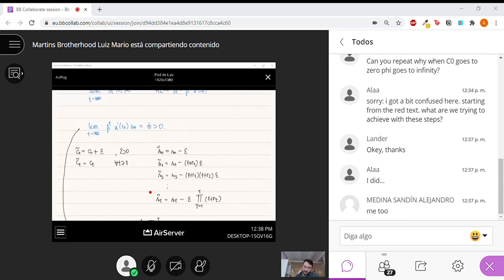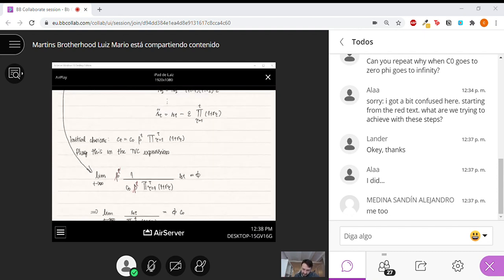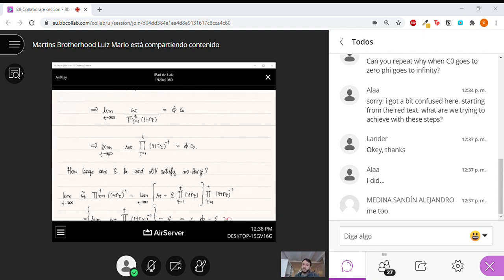And if this is not equal to 0, you will have a C0 here. If you want to isolate the limit only depending on things that depend on time, you put C0 to the right-hand side, and then you have a C0 there. Okay? That's what we did here.